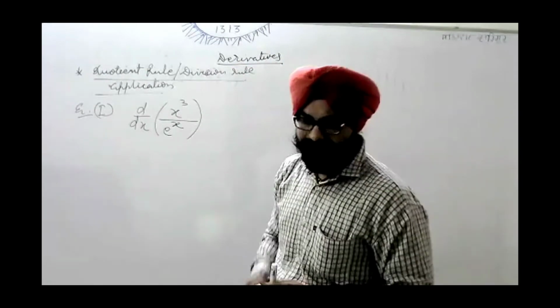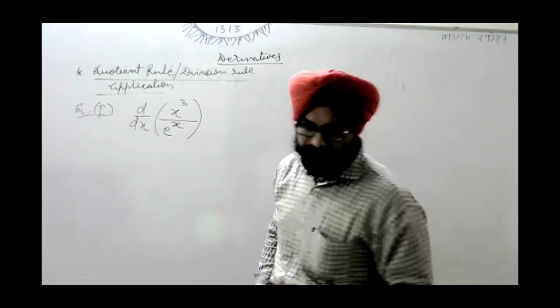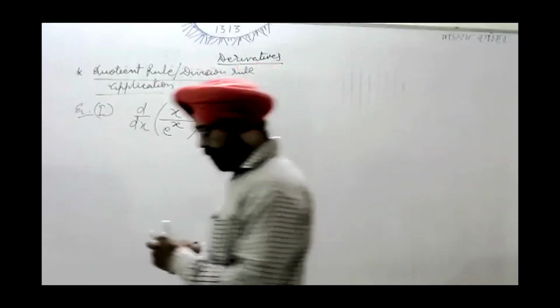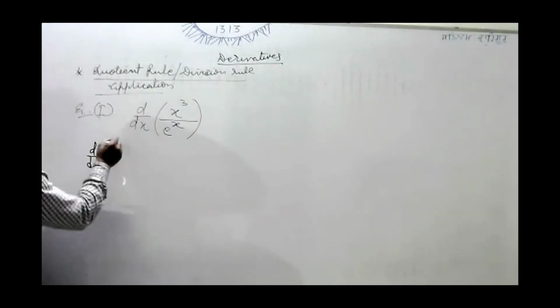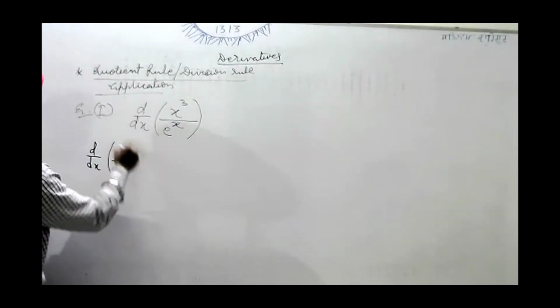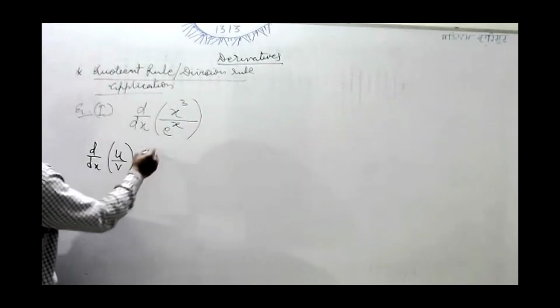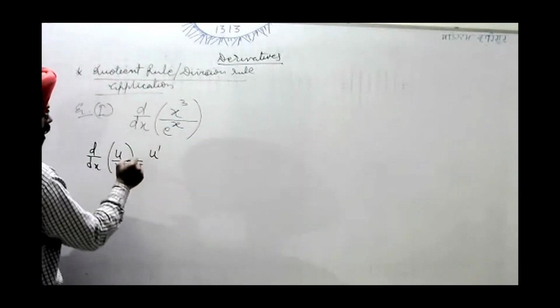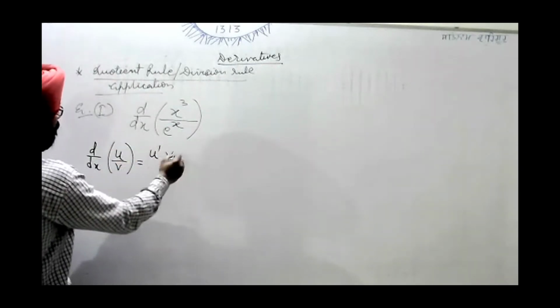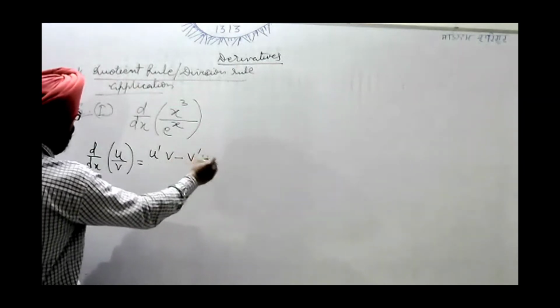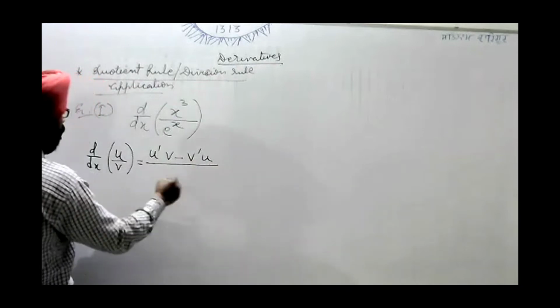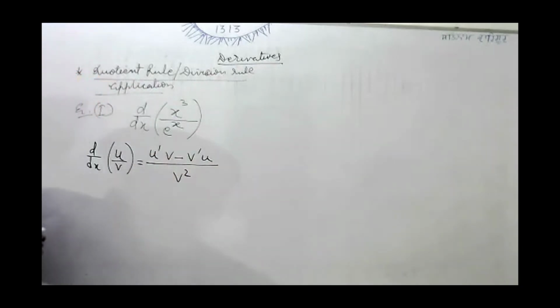First of all, let us recall what the quotient rule or division rule says. It says that when two functions are given in division like u upon v, we first differentiate the numerator, denominator as it is, minus, then we differentiate the denominator, numerator as it is, overall square on the denominator.